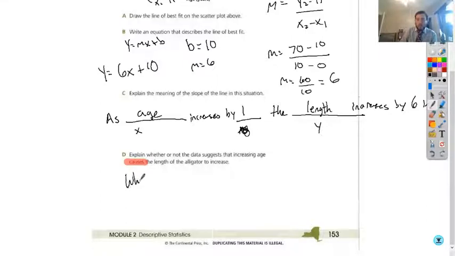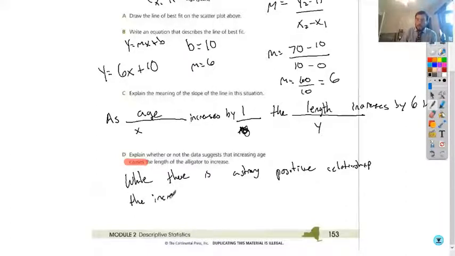So we can say, while there is a strong positive relationship, the increase of age cannot be proven to cause an increase in length.